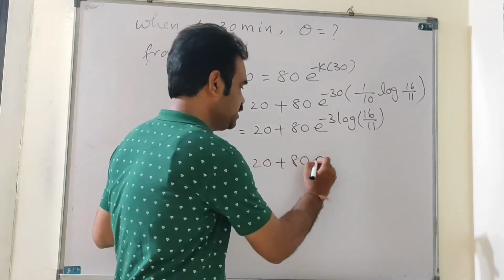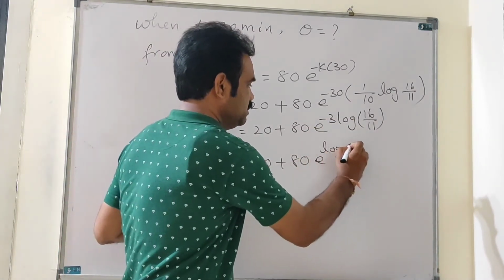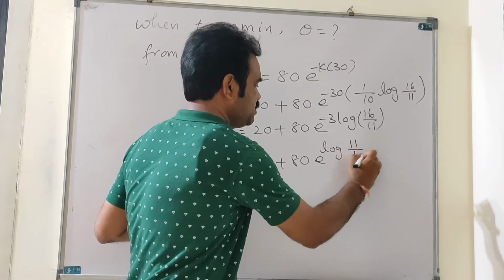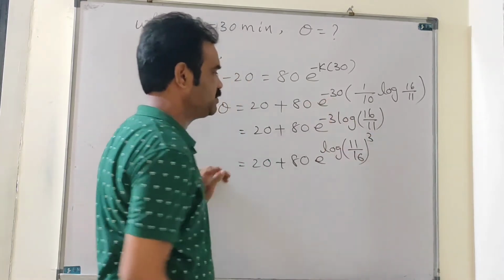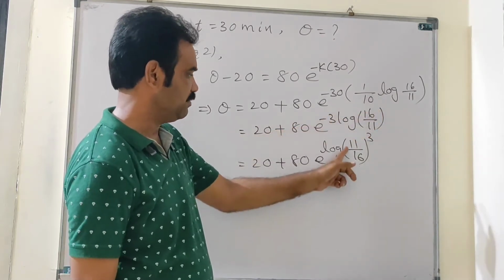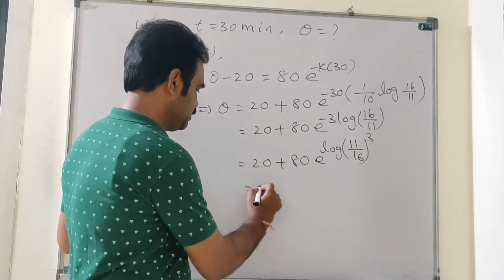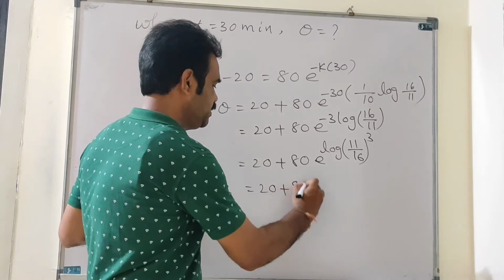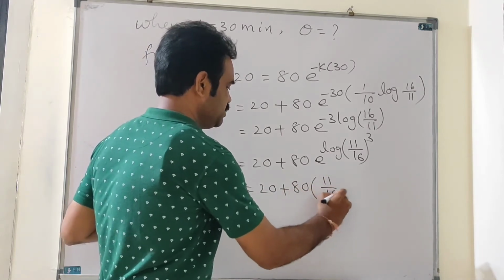That's why this can be written as e power log 11 by 16 whole cube. Actually, this is log 16 by 11 whole power minus 3. So it equals 20 plus 80 into 11 by 16 whole cube.